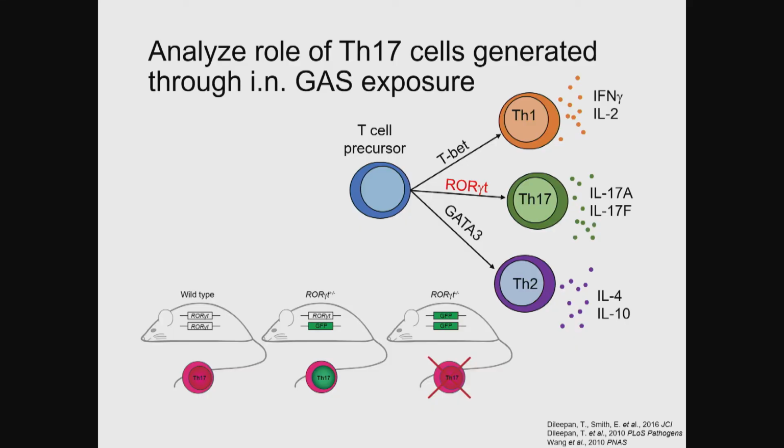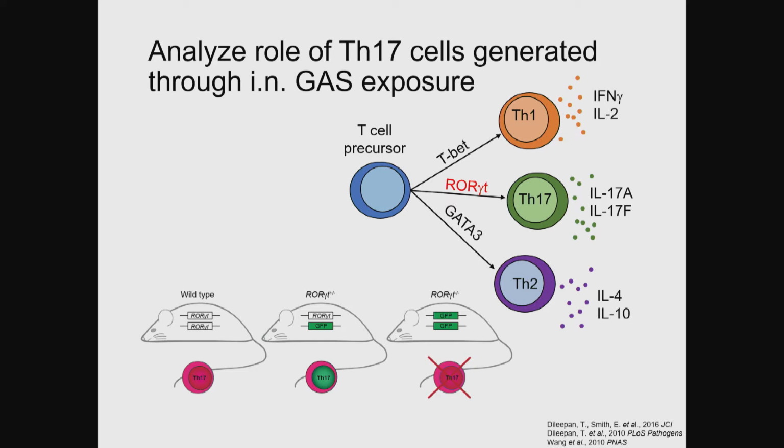So in this mouse line, which is called the ROR GFP line, the wild-type mouse has 2 copies of the ROR gamma T gene, like most genes. In what I'm going to call ROR hets, they have 1 copy of ROR, so Th17 cells can still differentiate and develop normally, but they have 1 copy of GFP, which stands for green fluorescent protein, and that's exactly what it does. It fluoresces green, so all of these normally developed Th17 cells are labeled with green, so I can track them and see where they are in the brain.